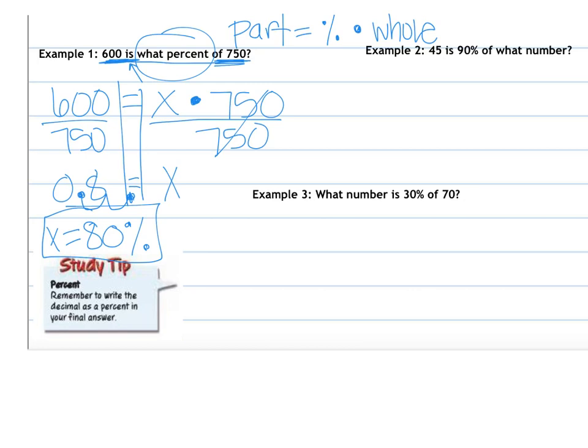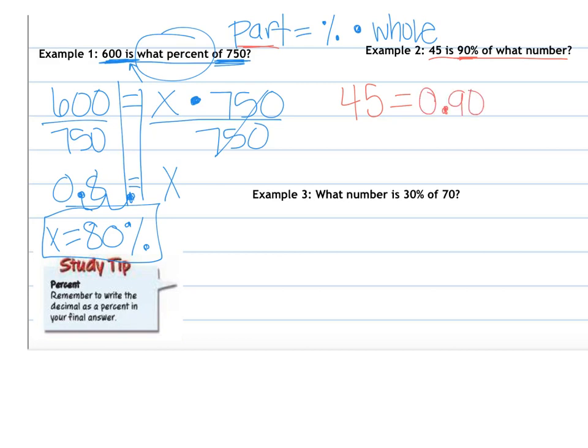Here is our next example. 45 is 90% of what number? So 45 is, it's not always going to be written in this order, but my is tells me that it's my part, and my part goes on the other side of the equal sign. 45 equals, so now this time with my 90%, I can't just write 90, I have to change it to a decimal.